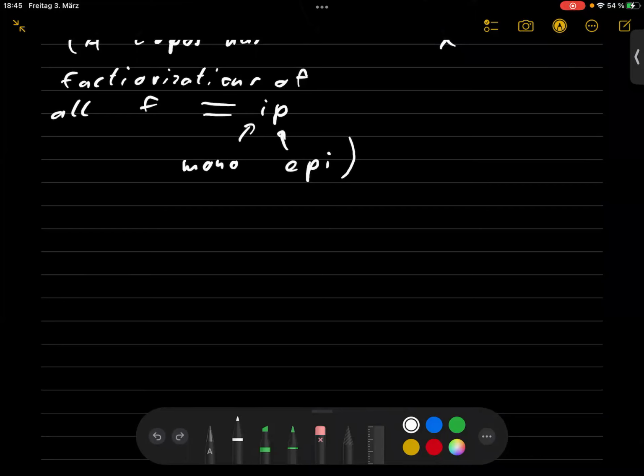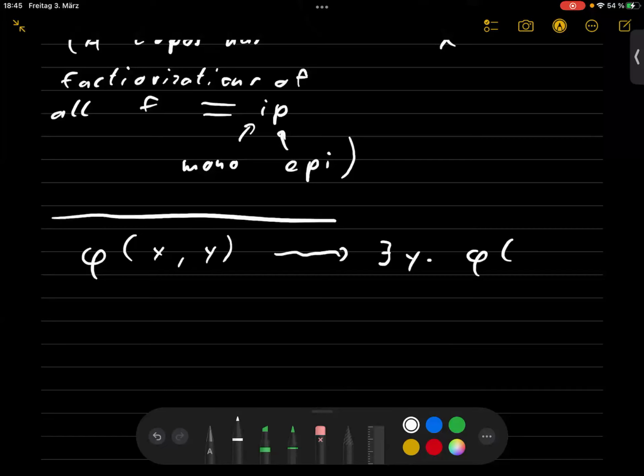I'll give the definition of that as well. So to interpret this, we have, of course, a formula phi that lives in the two variables x and y, and then we have there is y such that phi of xy holds, and this should have some interpretation.